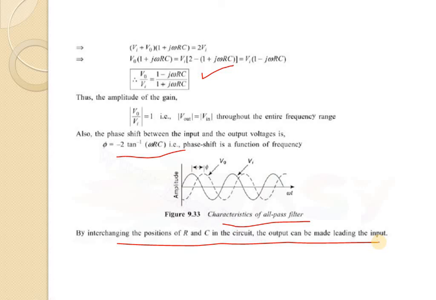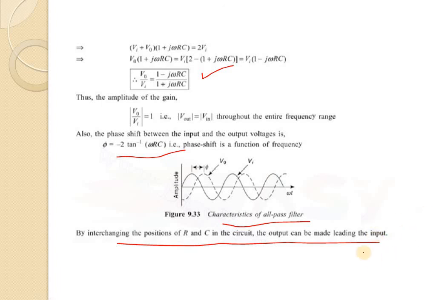So why do we need this kind of filter? Definitely it is not for changing amplitude. It creates a phase shift between input and output, so definitely this filter is required for different kinds of applications.